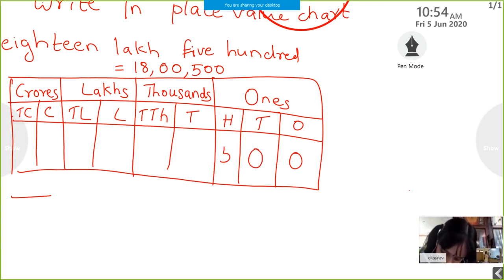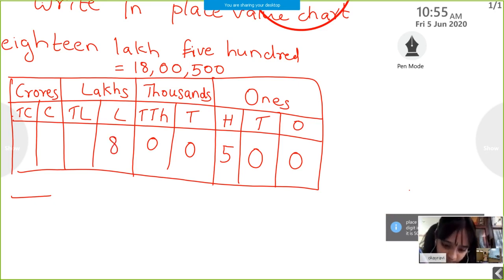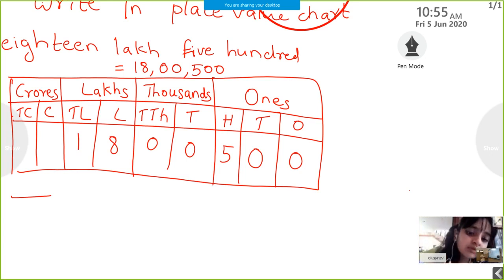Then 500, then comes 0. Then thousands period, both places are 0. Then lakhs place is 8 and 10 lakhs place is 1. So this is how you can represent a given number in a place value chart.